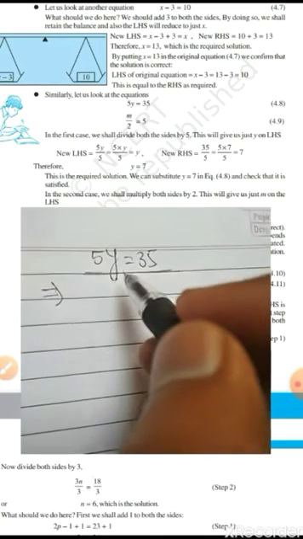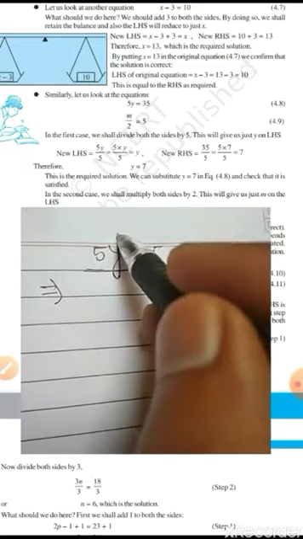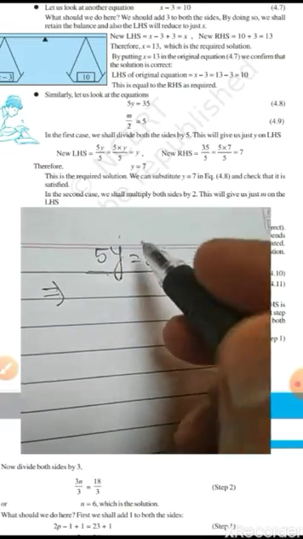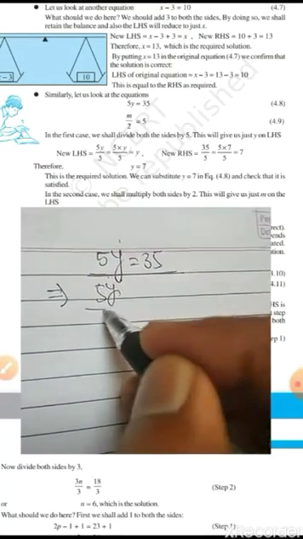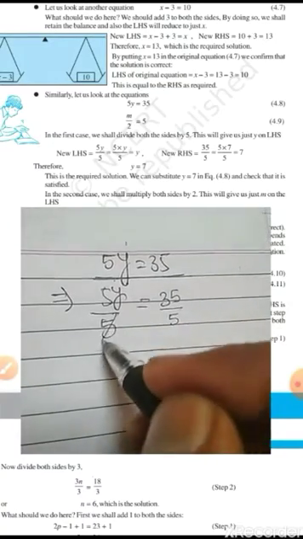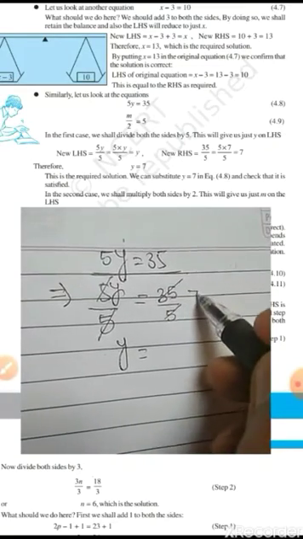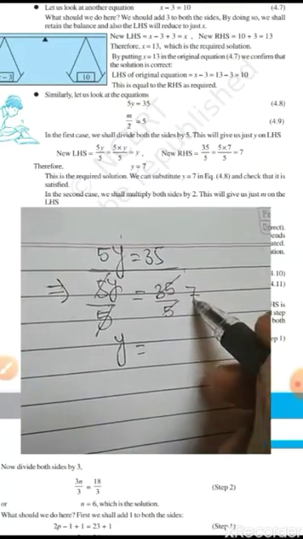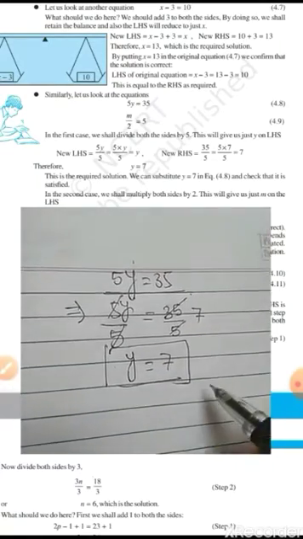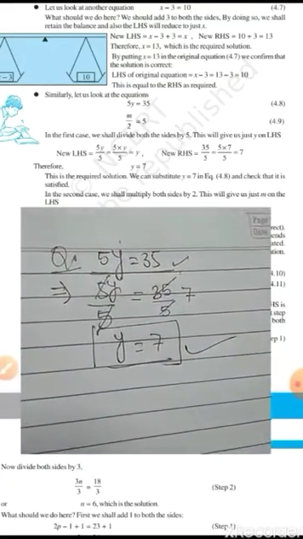We have to divide both sides by 5. So 5y upon 5 is equal to 35 upon 5. So cancel it. y is equal to what? 5 7s are 35. So 7. So y is equal to 7 is the solution of this equation.